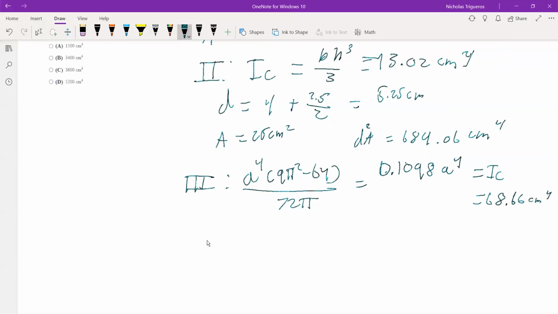So what do I do up here? Weird. This is 4r over 3 pi. You can also get it in the manual. Let me show really quick.